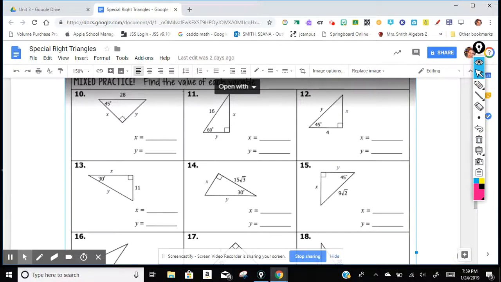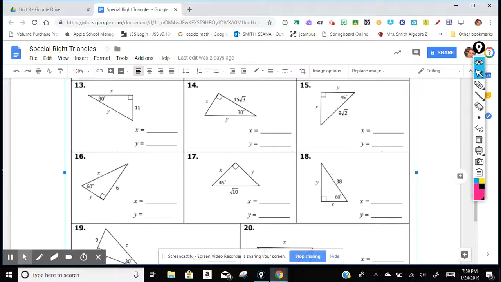Okay, let's look at problem 17. Starting with the hypotenuse, radical 10 equals x radical 2, and then you have x and x. So we're going to take radical 10 equal to x radical 2. On this, remember, we're going to have to divide because these radicals aren't the same like they were in problem 15.